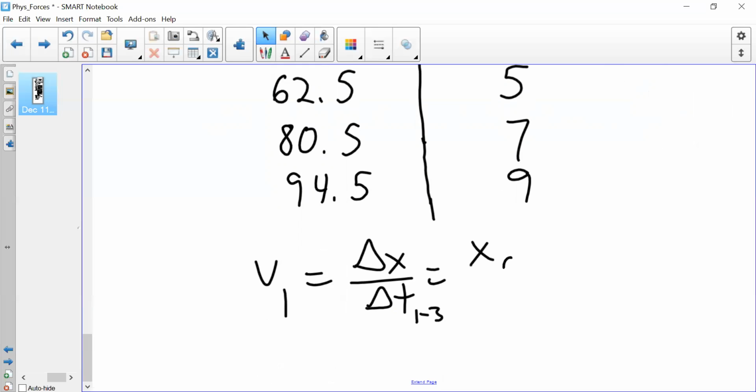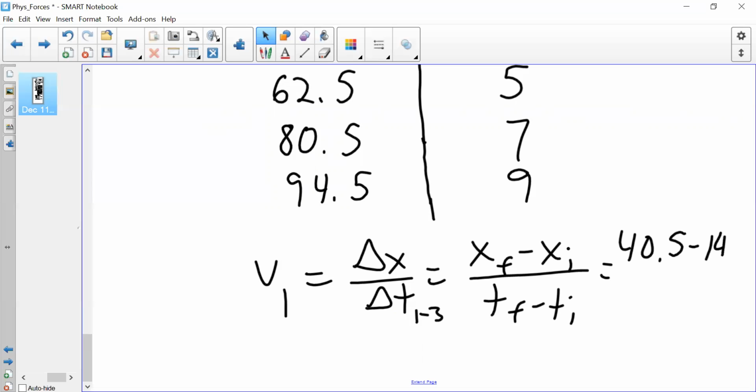So x final minus x initial, t final minus t initial, and that becomes 40.5 minus 14.5, 3 minus 1, final time minus initial time. It's my first instantaneous velocity. My first slope on this curve.